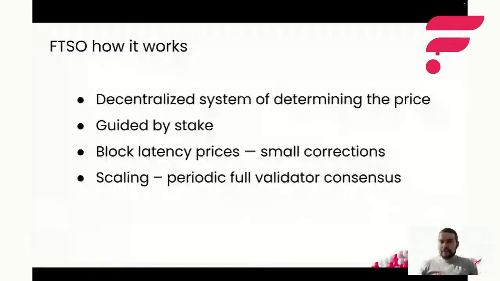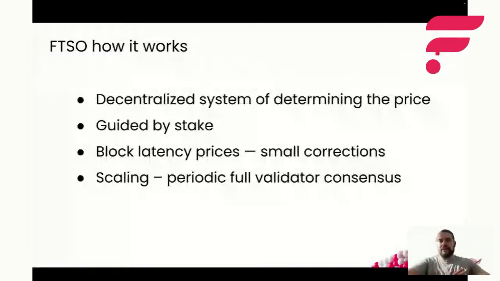The core idea of scaling is the following. We ask all data providers in the system to provide an approximation of what they think the Bitcoin price is. And then we don't take the average, because then somebody could massively impact the price of the final calculation, but we take a weighted median. So we take the value that is the most in the middle among those provided by data providers, but we consider how much stake they have, and we also cap the stake at some point to limit big providers and so on.